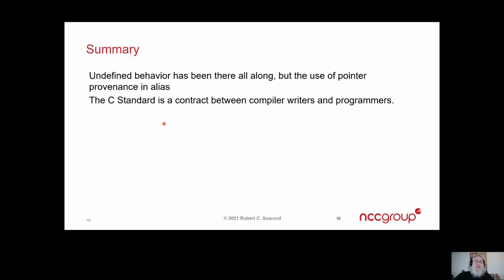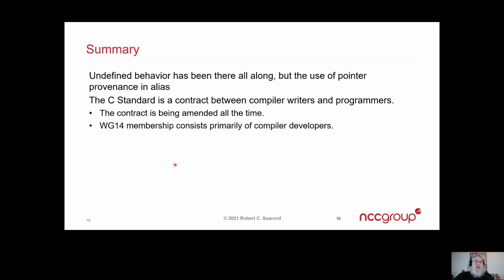The C standard itself is a contract between compiler writers and programmers. This contract is being amended all the time at each meeting of the C standards committee. Decisions are made that are going to affect the behavior of the language and what compilers can and cannot do.